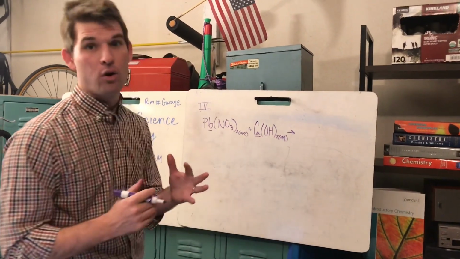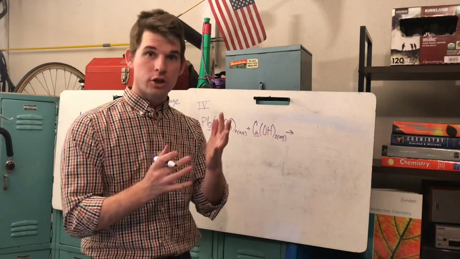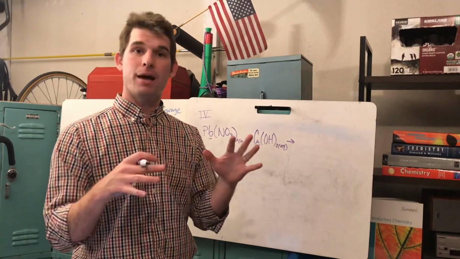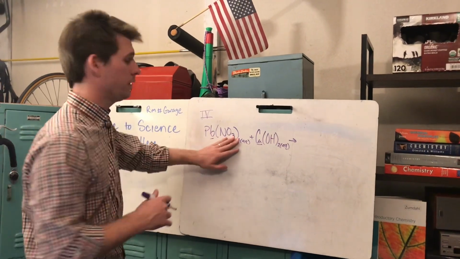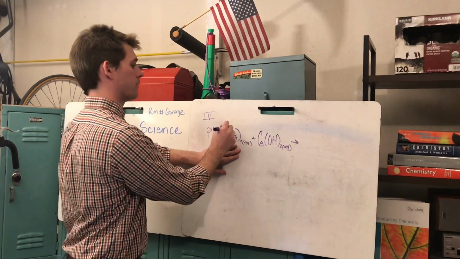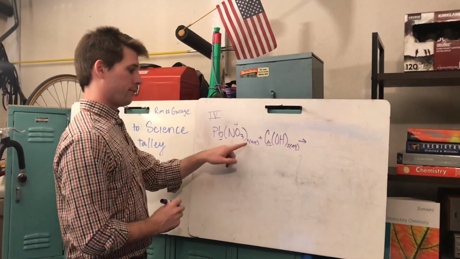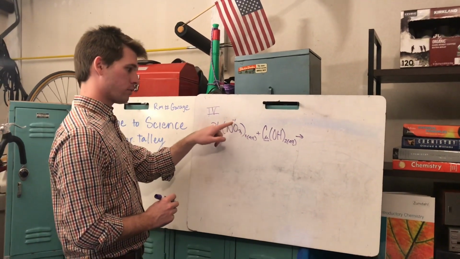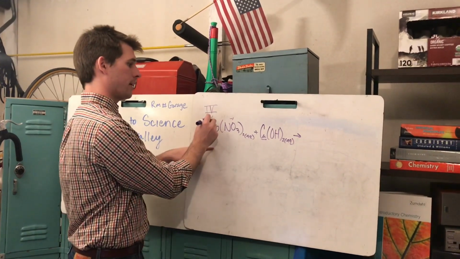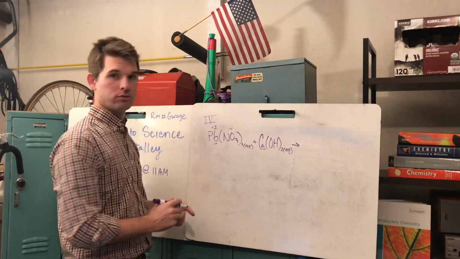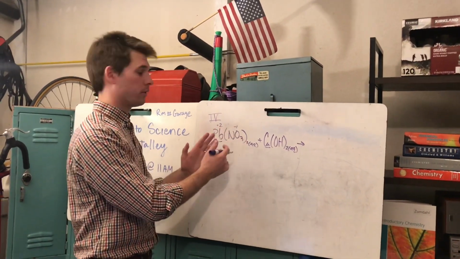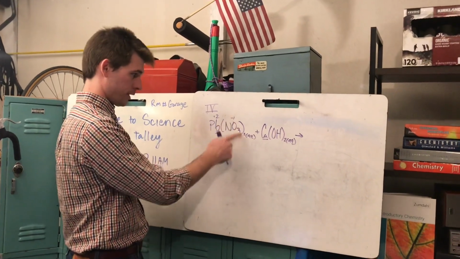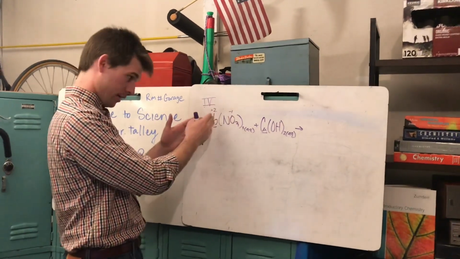We have to figure out what the charges are for everything, and that way we can identify what's going on. I know that nitrate, from my cheat sheet, has a -1 charge, and if there are 2 -1s, then I know lead has a +2 charge, because we want them to be neutral, we want them to be 0. So there are 2 -1s, that means lead has to balance that out, has to be a +2.